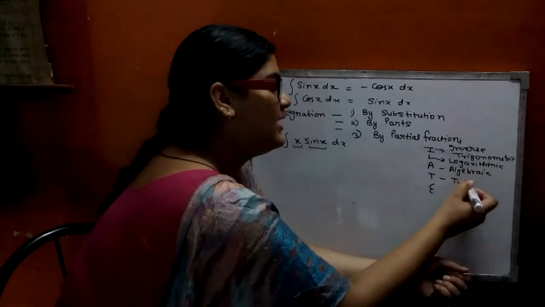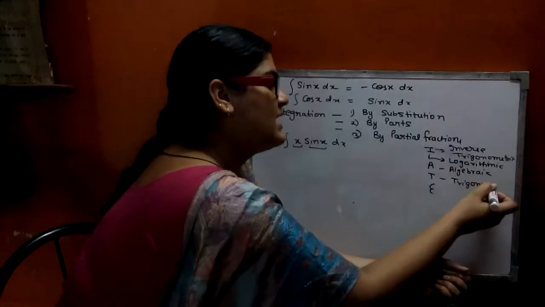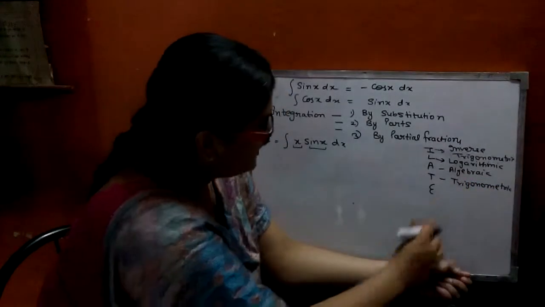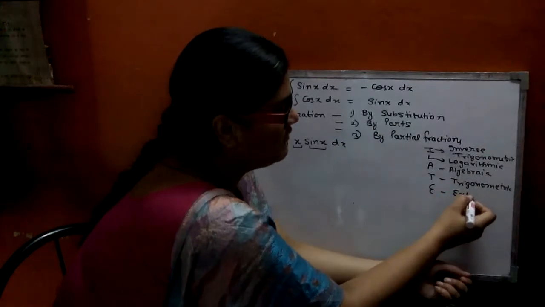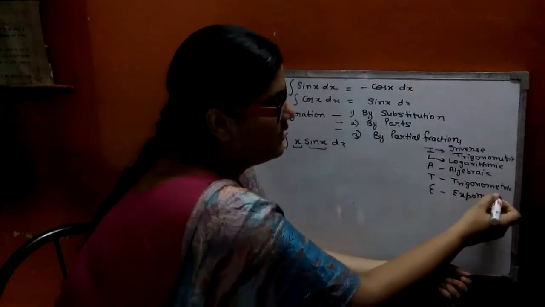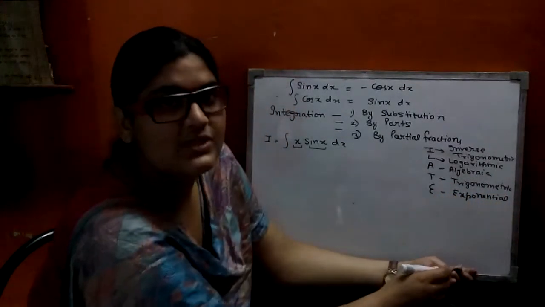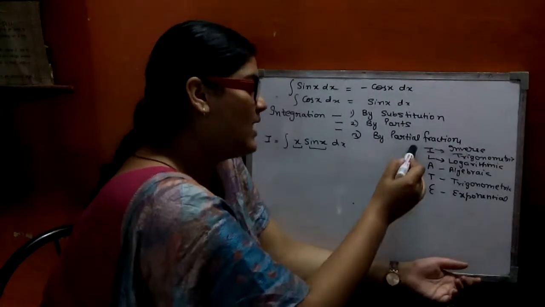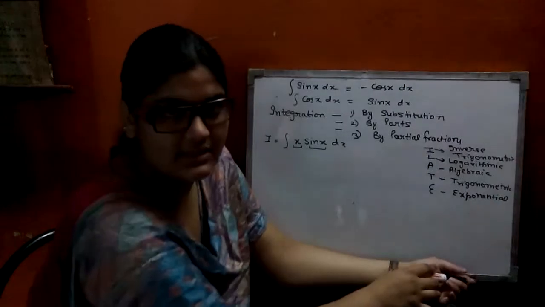T is trigonometric function, sin x, cos x, tan x, cot x, and E is exponential function, e raised to power x, e raised to power sin x. So for applying by parts, you have to consider this trick.